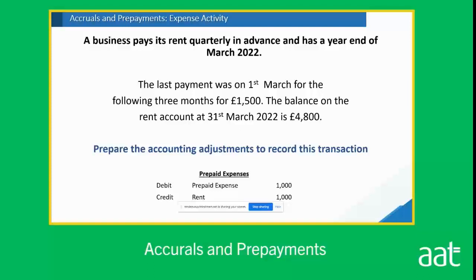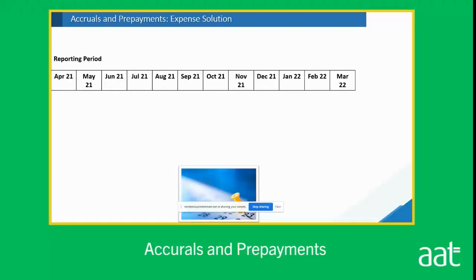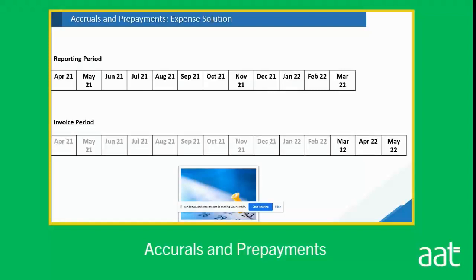Now, it doesn't seem we had a problem with that. A lot of people saying £1,000, the 2 months. But just to illustrate how we could make sure and be comfortable with that, if we map out our reporting period like we did before, our year end starts on the 1st of April 21. It concludes on the 31st of March 22. Our invoice period are the months of March, April and May.